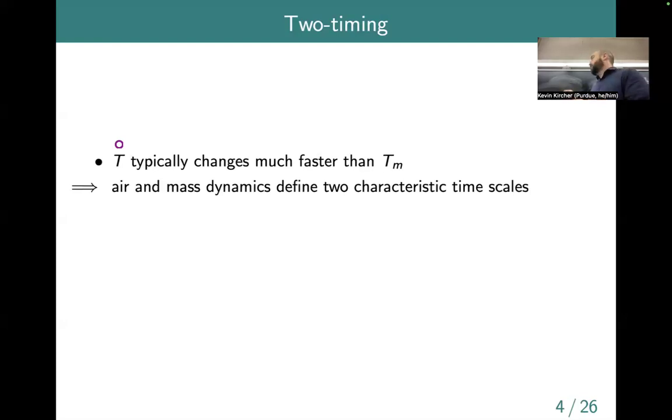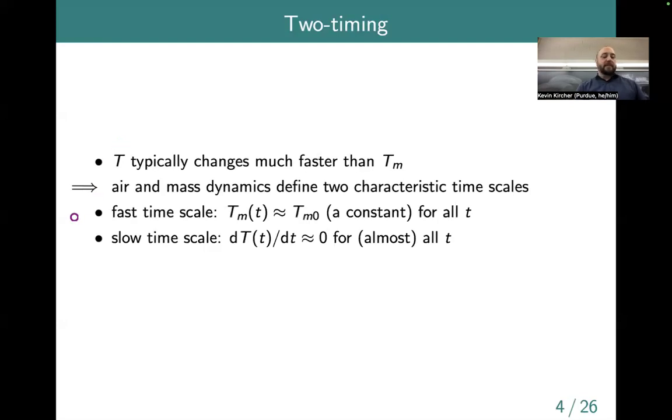Whereas the measurement deep in these cinder blocks probably would be very stable. It might show a little bit of change, but it might take hours for it to change a single degree. So for that reason, we separate. We can say there are two characteristic timescales. There's the fast scale associated with the air dynamics, and then there's a slow timescale associated with the thermal mass dynamics.